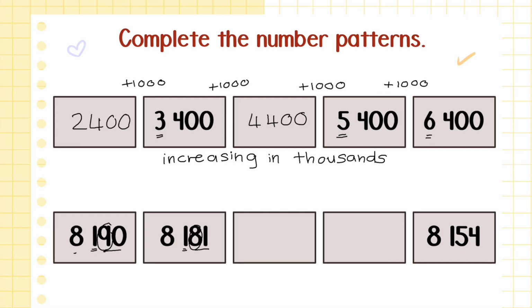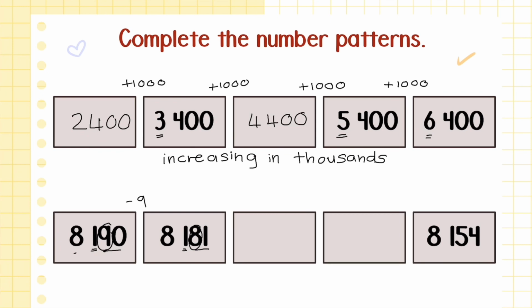How many steps backwards? We need to count. So we have 90, 89, 88, 87, 86, 85, 84, 83, 82, and 81. Yes, you go backwards 9 steps. That means we minus 9. Remember, for number patterns, each number will move with the same step.